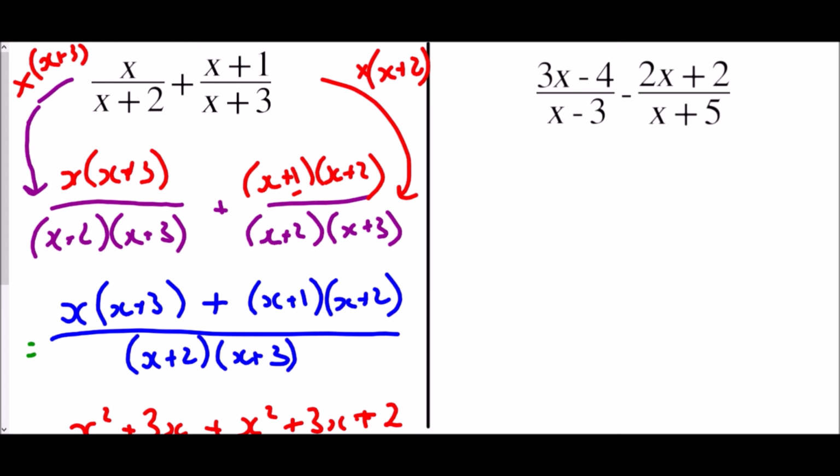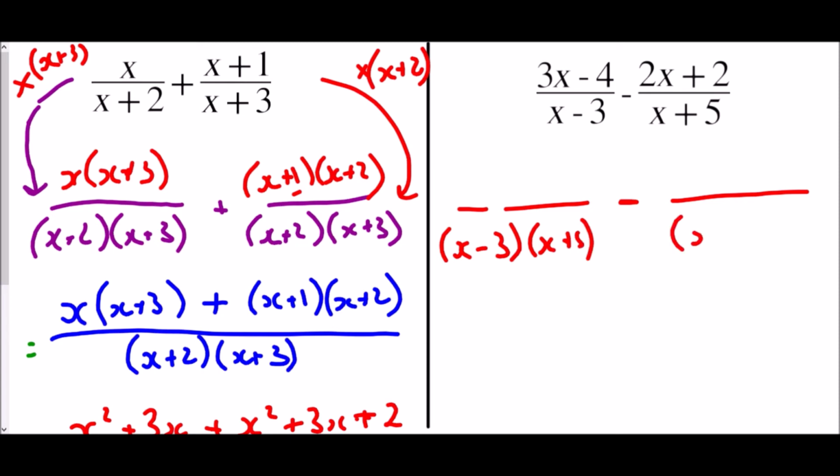In terms of the subtraction question, exactly the same process. What I need to do here is, first of all, I need to write them both as fractions with the same denominator, and that denominator is going to be x minus 3, x plus 5 in both cases.